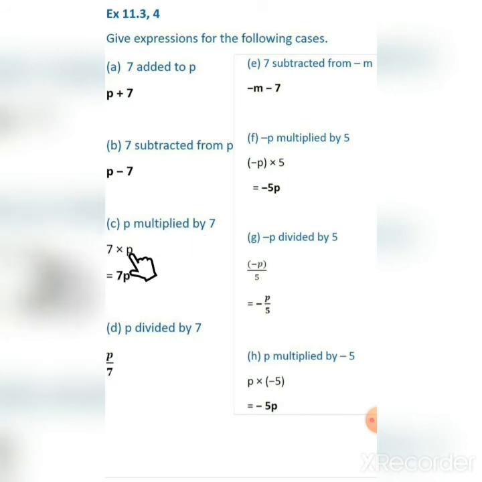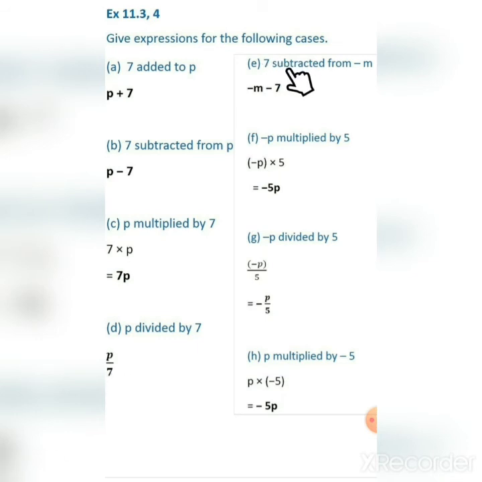So 7 into p, in short it will be written as 7p, because we do not show the multiplication sign if it is with a variable. Then p divided by 7. Divided means you have to keep it upon. So p upon 7 will be the answer.